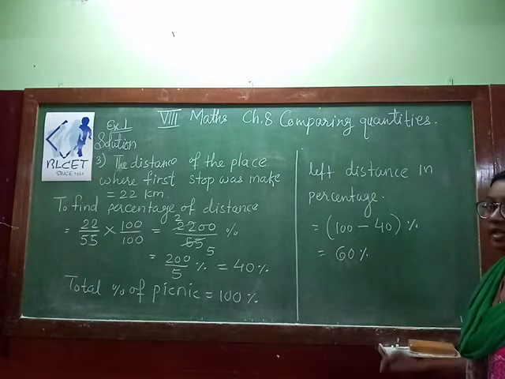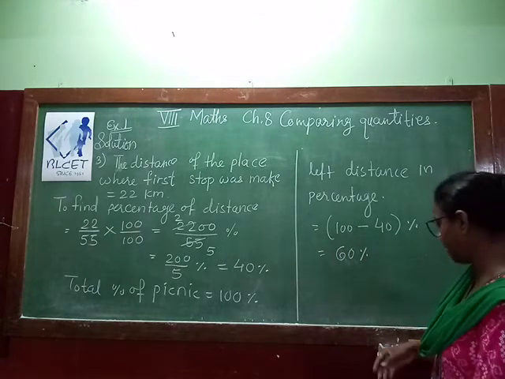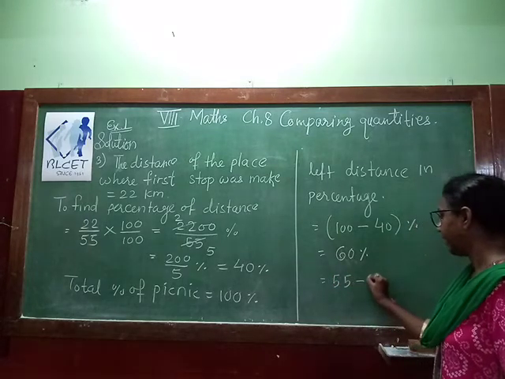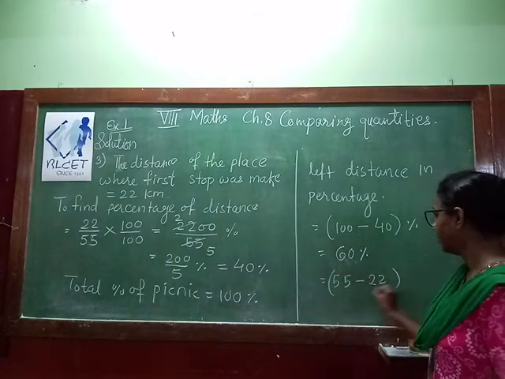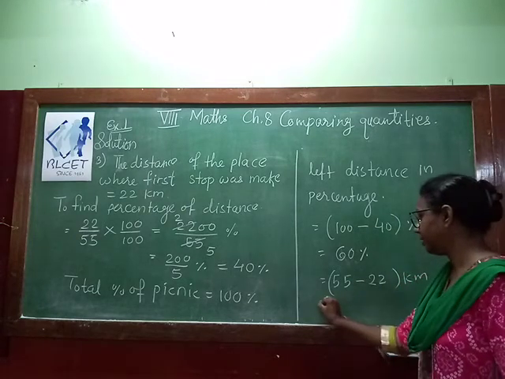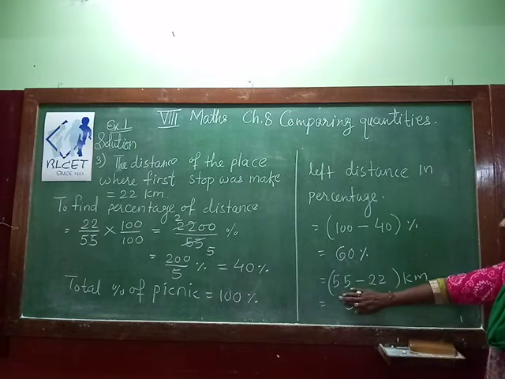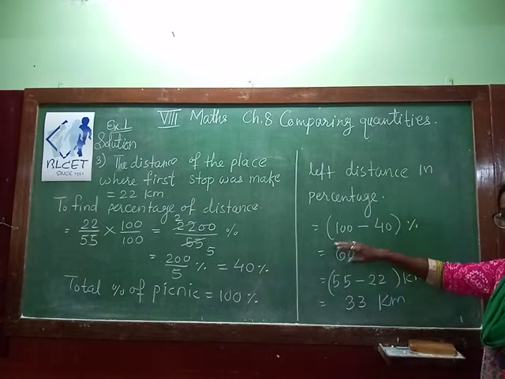So 60% of the journey is remaining. That 60% is equal to what? 33 kilometers, that is 55 minus 22 kilometers, which is equal to 33 kilometers. So this 33 kilometers represents 60% of the total journey.